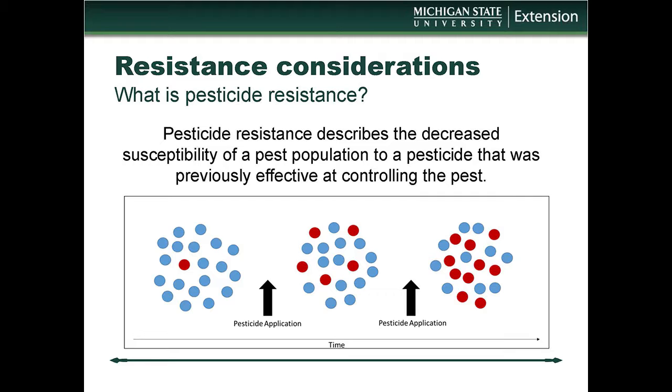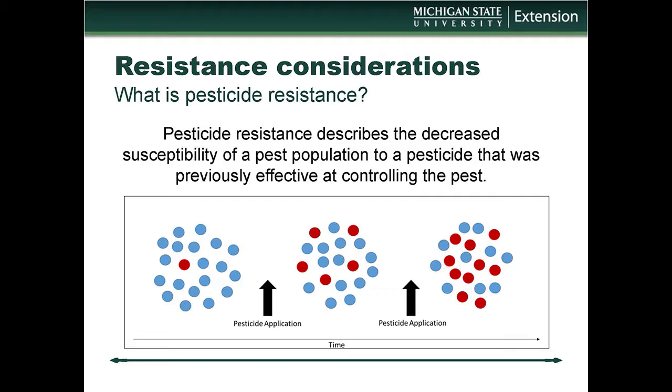This Japanese beetle has a genetic mutation, a naturally occurring genetic mutation that means it's not susceptible to the insecticide we're going to use. We spray that insecticide, we kill most of his buddies, but he is alive and lives to procreate, right? So he has more offspring in that new next generation of Japanese beetle.